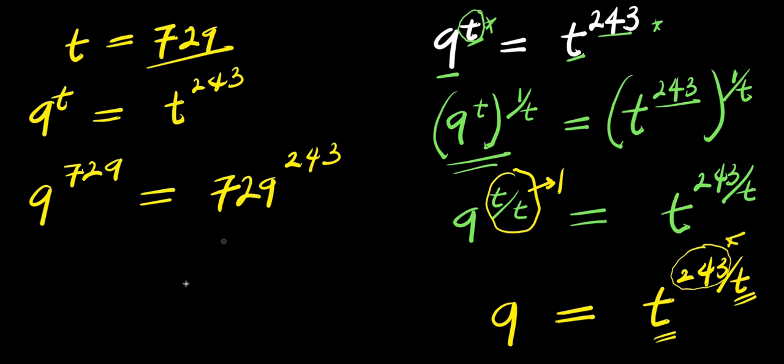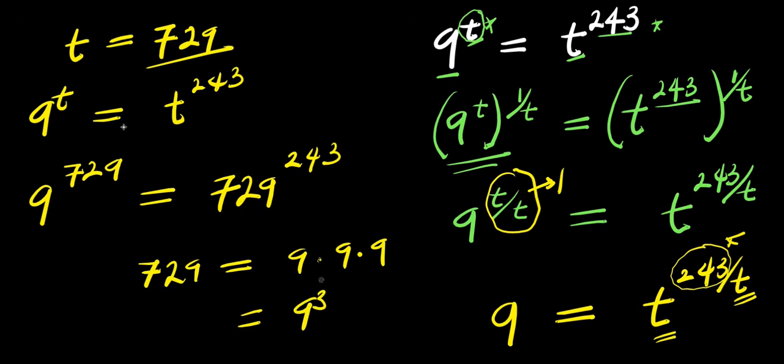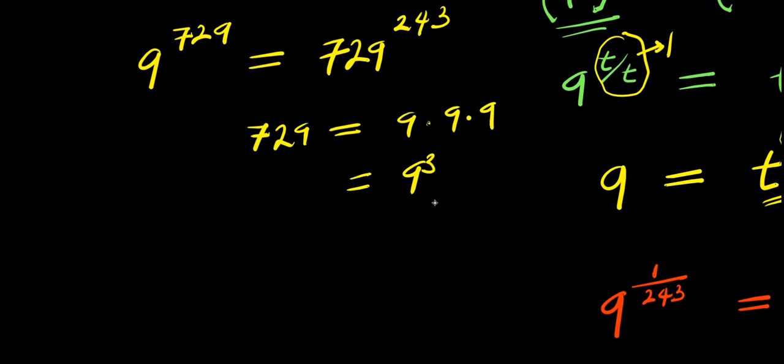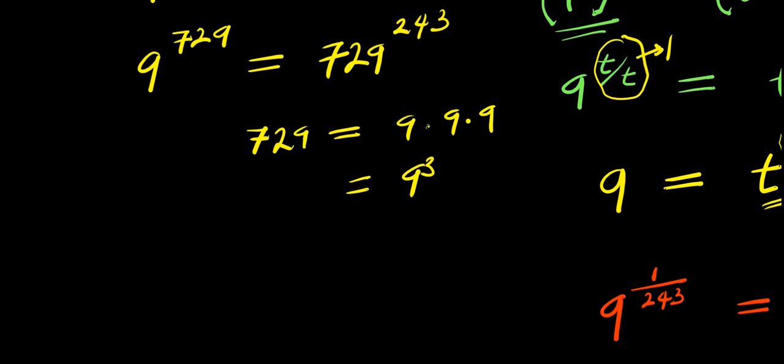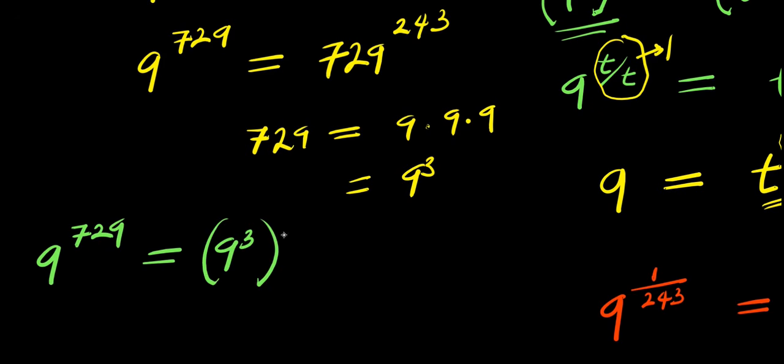What are we going to do? Remember, 729 equals 9 times 9 times 9. That means 729 equals 9 power 3. So I'm going to have 9 power 729 equals 9 power 3 raised to the power of 243.